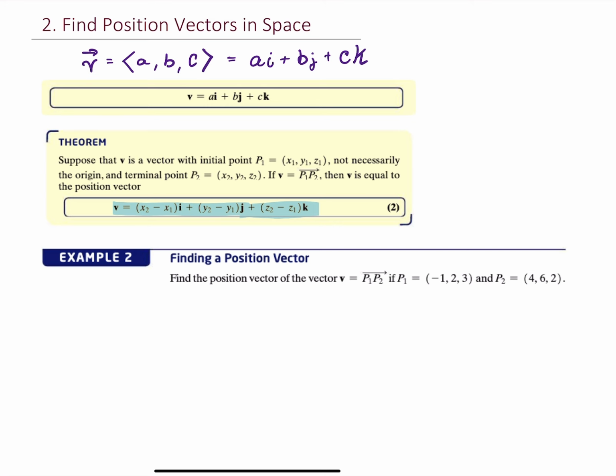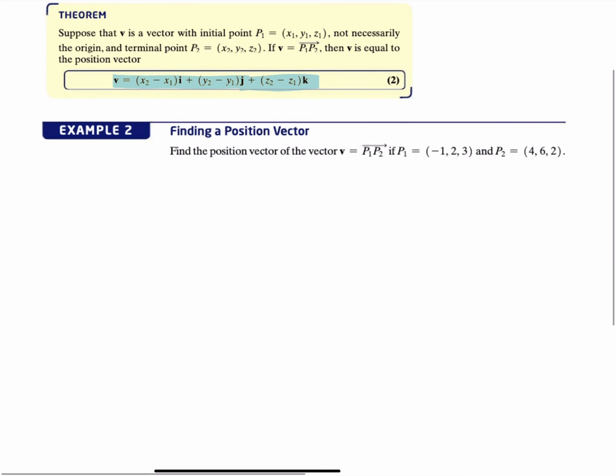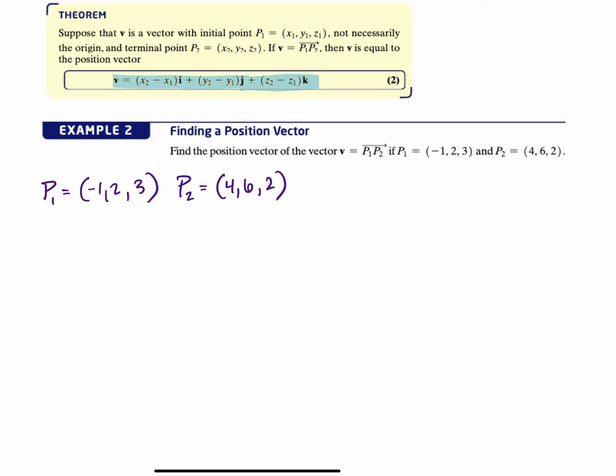So let's do that in example 2. We want to find the position vector if our initial point is negative 1, 2, 3, and our terminal point is 4, 6, 2. So our vector in component form should just be 4 minus negative 1, comma 6 minus 2, comma 2 minus 3.